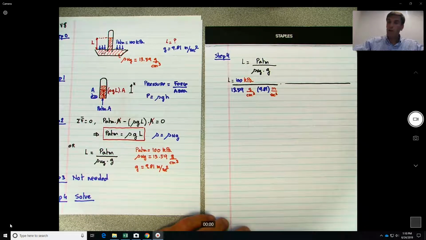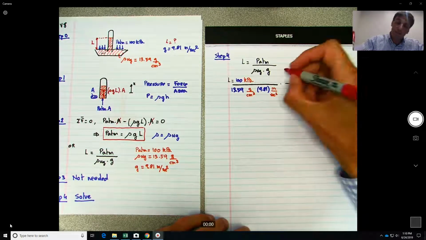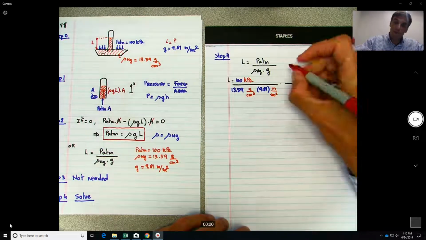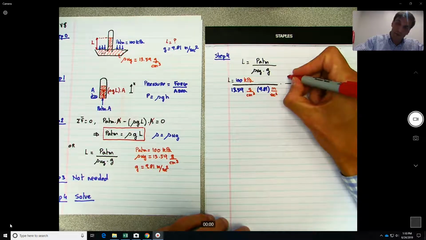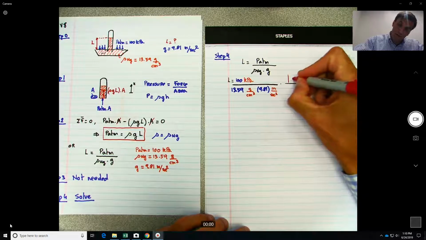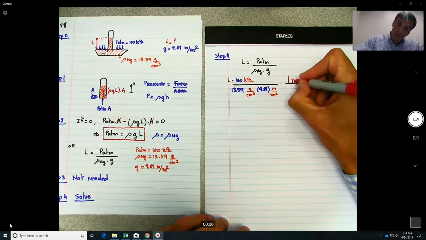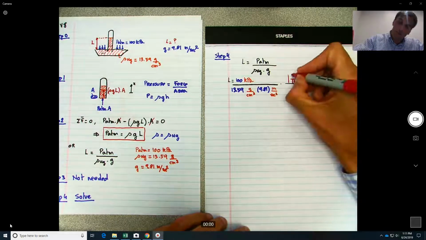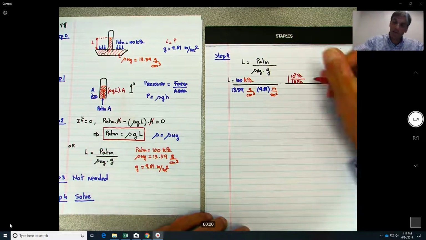So here we're going to have 1 kilopascal. That would be equal to what? So one kilopascal equals 10 to the 3 pascals.